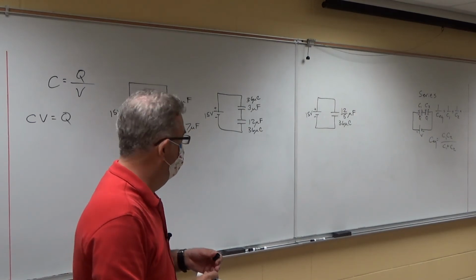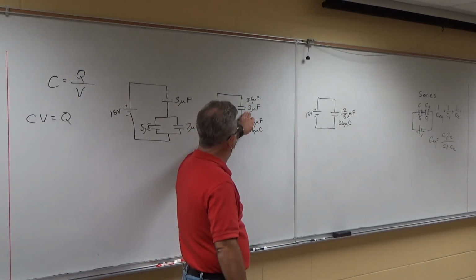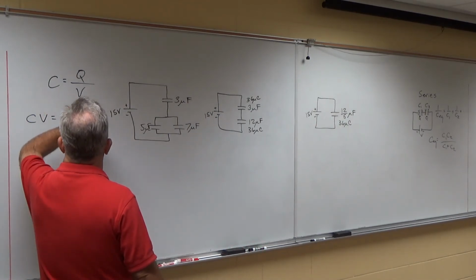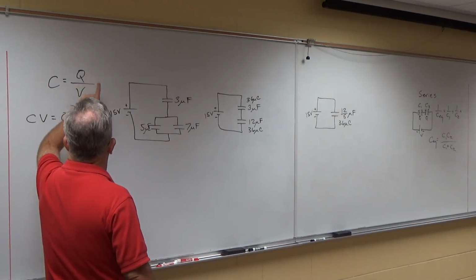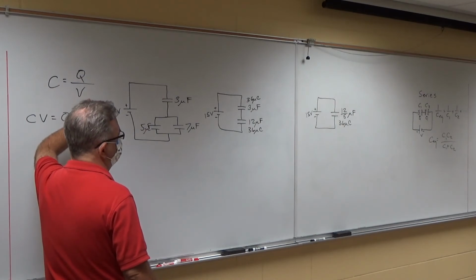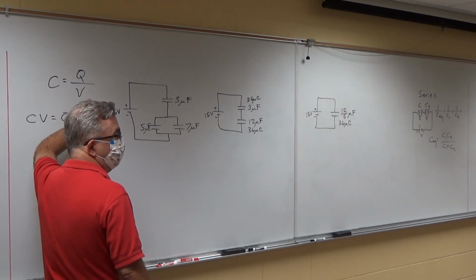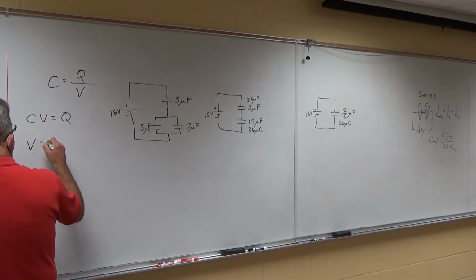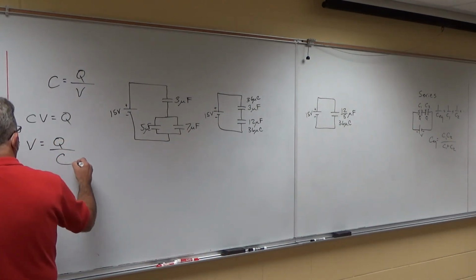Now that I know the charge and the capacitance, I can find the voltage. Solving for that, it's charge divided by capacitance. V is equal to Q over C.